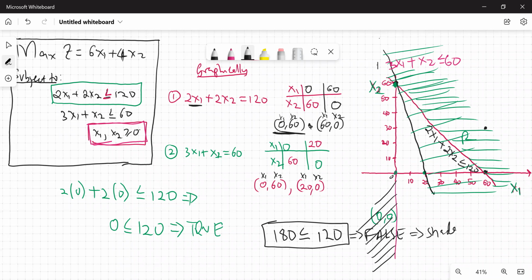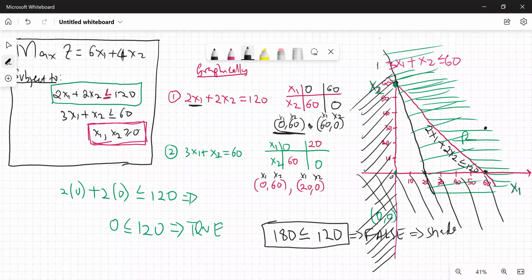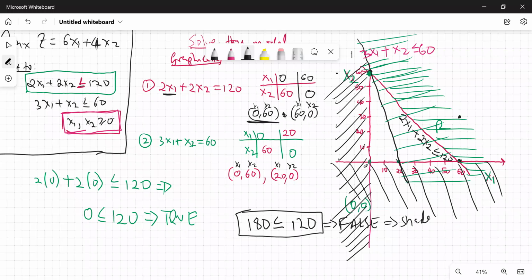And then we have x2 greater or equal to 0. Then you are left with some unshaded parts. That's what you are calling the feasible region.